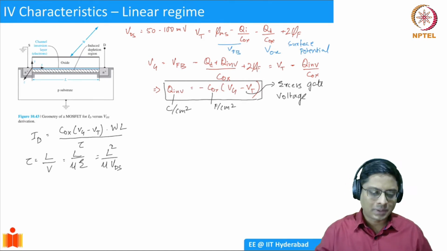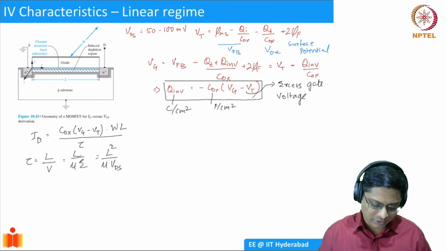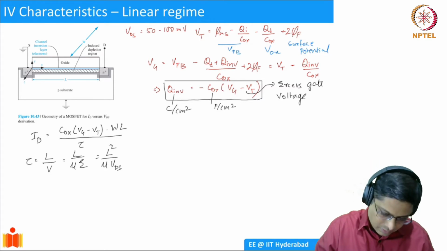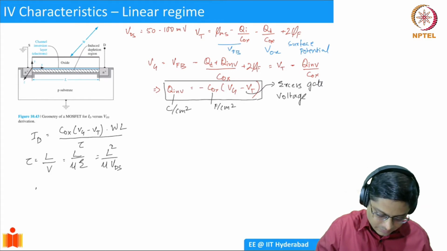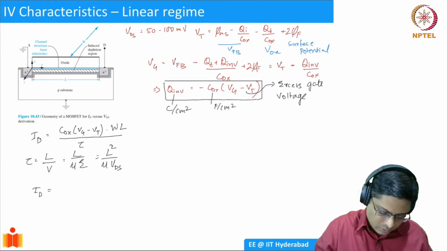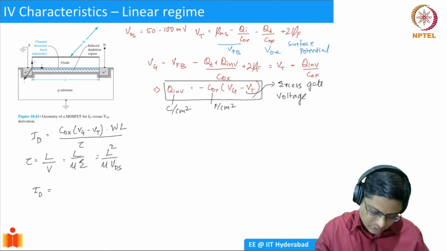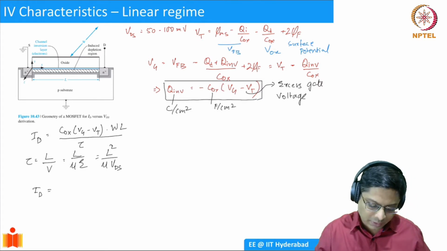Now I can substitute back into the expression here on the top, right? And so I will get my drain current ID equal to mu, and VDS will go up, and there will be an L square in the denominator that will cancel out with one of the L's in the numerator.